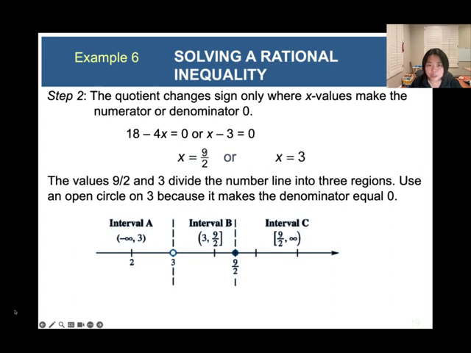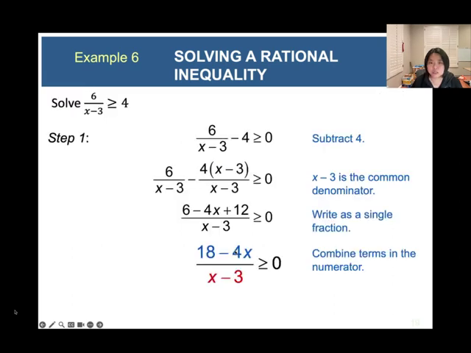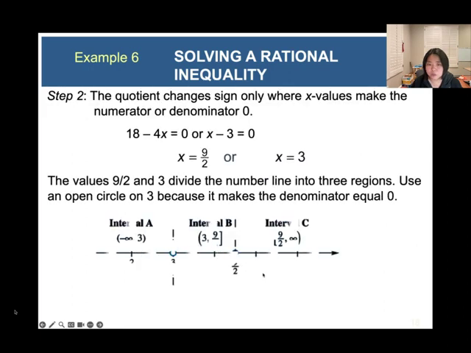And then for x equal to 9 over 2, I will use a closed dot because this is greater than or equal to 0. When x equals 9 over 2, the expression will be equal to 0, so this is good. So you have to be careful about when we use the open dot and when we use the closed dot here. And then we're going to write down the intervals A, B, and C.